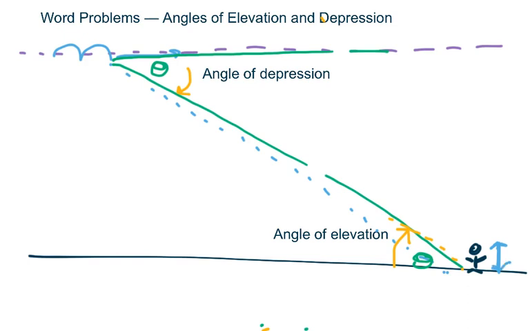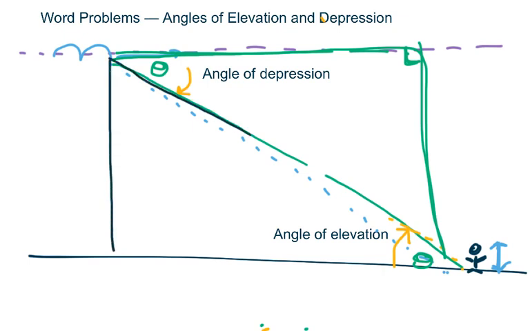But basically, with these modeling problems, you draw a picture that represents what you're looking for. In this case, you would either have a right triangle this way, or if you were looking up and you wanted to find the angle of elevation, you would have a right triangle this way.